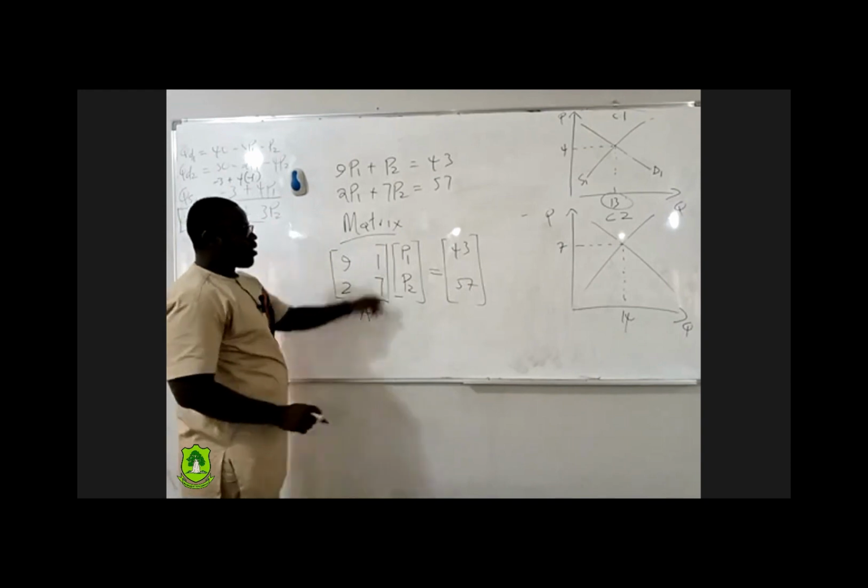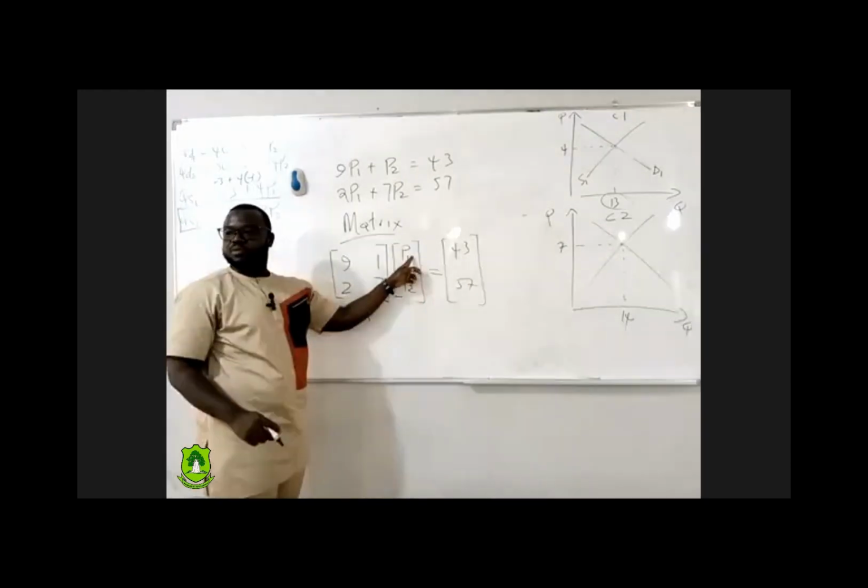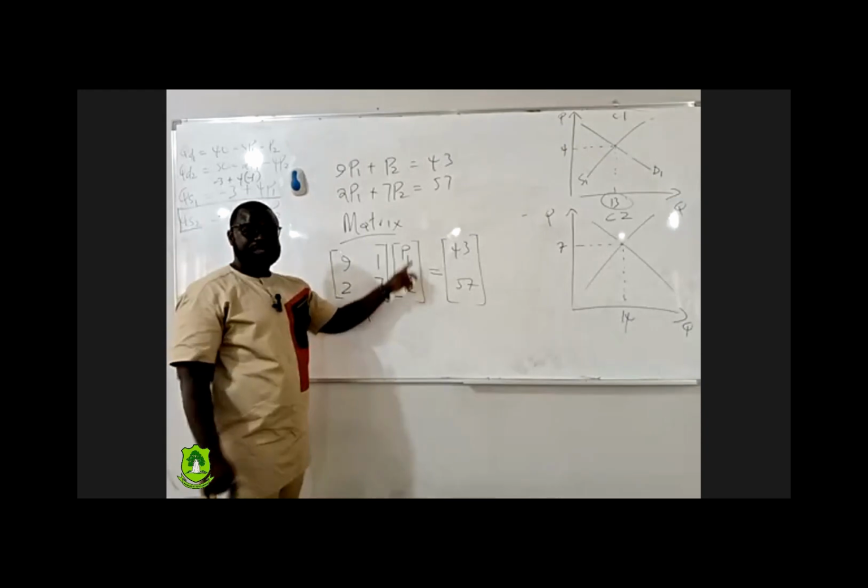Now, we can let this 2 by 2 matrix represent A. Is that not it? And we don't know P1, we don't know P2. So these ones are the unknowns.